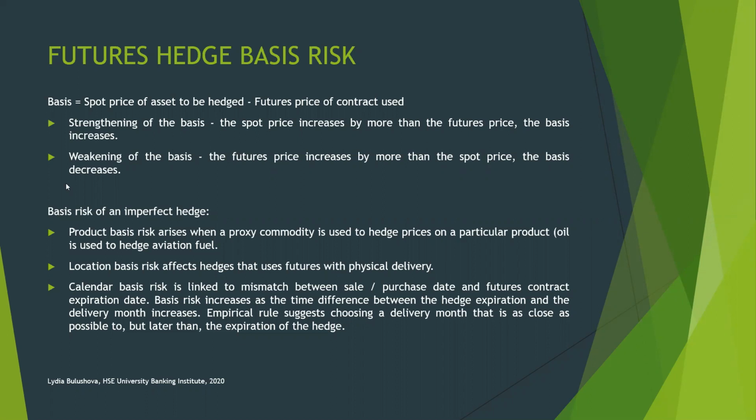Futures on this particular asset just don't exist. So we pick a futures contract on an asset that has a very high level of correlation to the asset whose price we'd like to hedge.